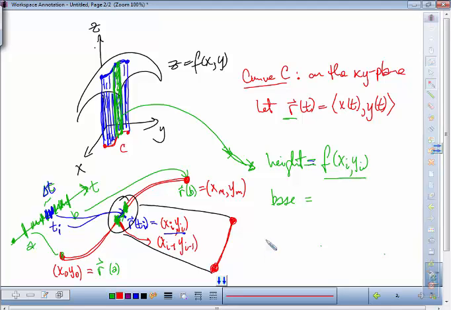Maybe I like Aaron's idea better. What if we make a vector out of it and find the magnitude? It's going to come out to the same thing. This isn't quite a straight line. It is just a curve. But what would be a good vector to describe this curve?